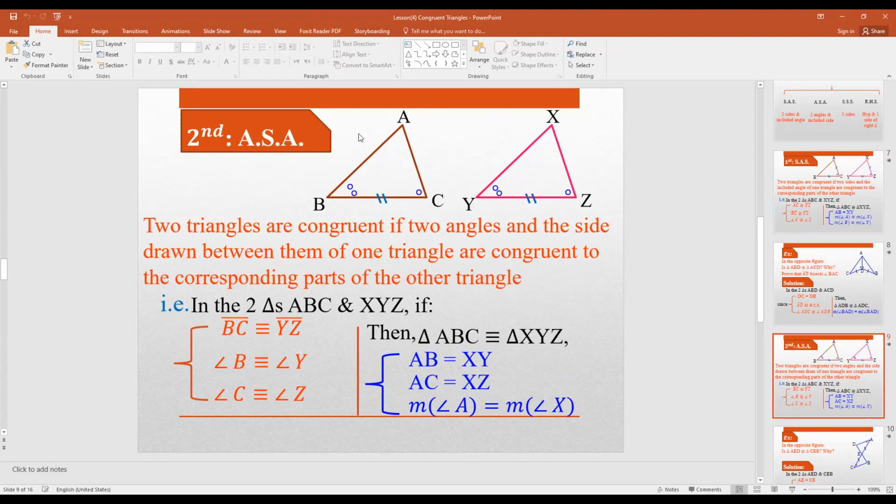As we see, we have two angles and a side, so the case is angle, side, angle.